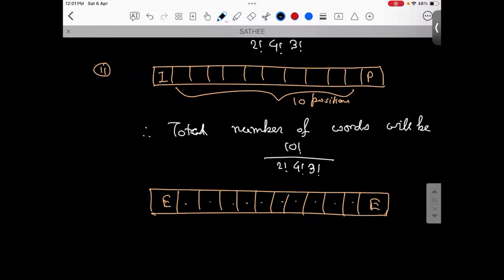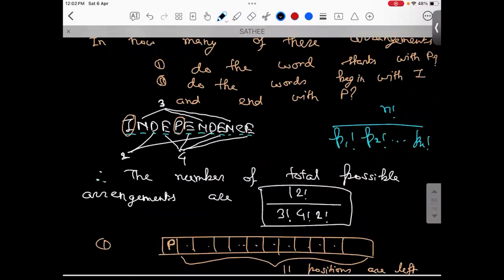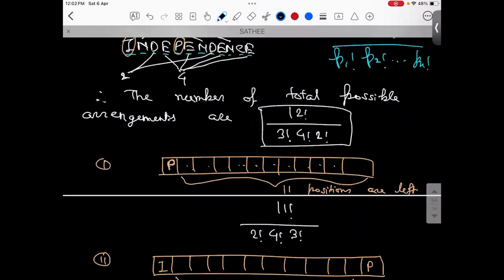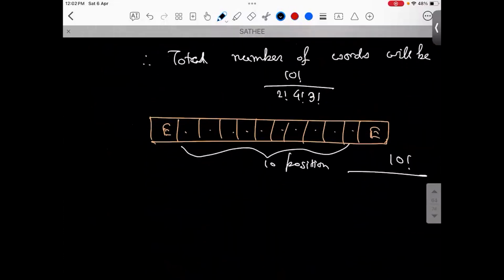So we are left with 10 positions. So all possible words will be 10 factorial divided by, here some change will be there. E is repeated 4 times, but 2 of them are fixed. So we are left with only 2 E's. So for E, 2 factorial.